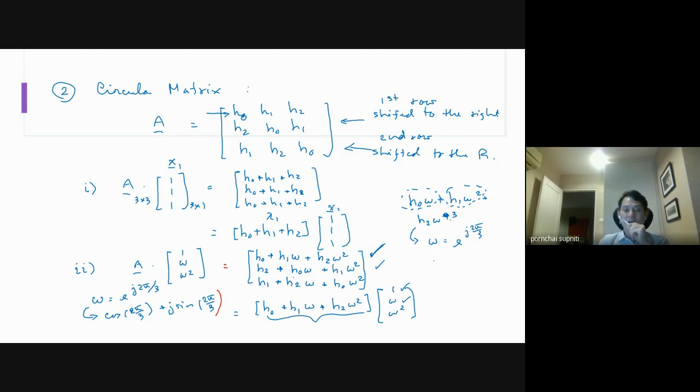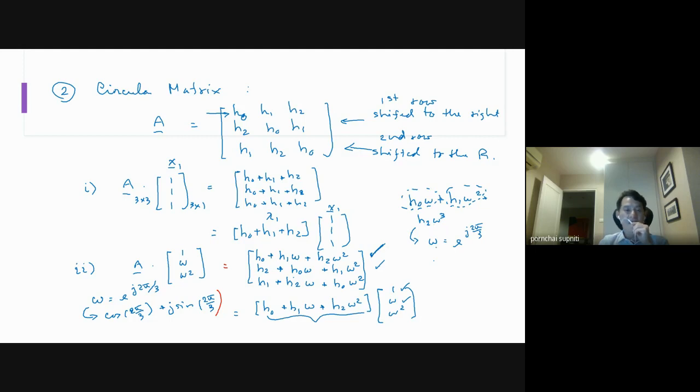Let me erase it so that it's not so confusing. For the second line, I have to multiply H2 omega squared with omega, so I get H2 omega cubed.